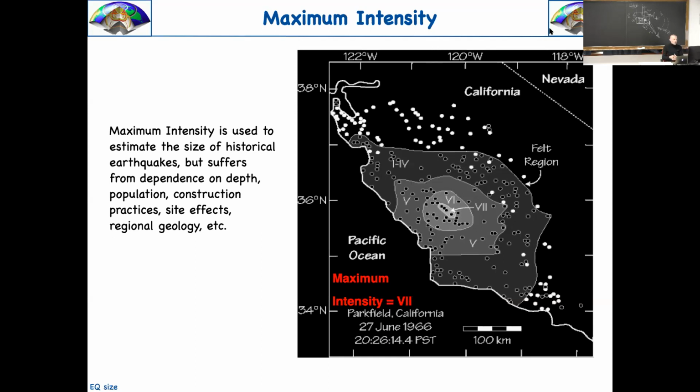The modern definition of intensity is, for example, in Europe, called EMS, the European Macroseismic Scale. Now it also distinguishes between buildings and their vulnerability.